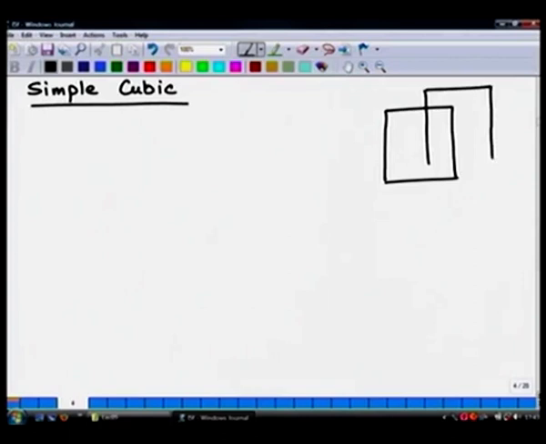As you know, the simple cubic is simply like this, with lattice points being here, here, here, here, here, here, at the corners of the unit cell.